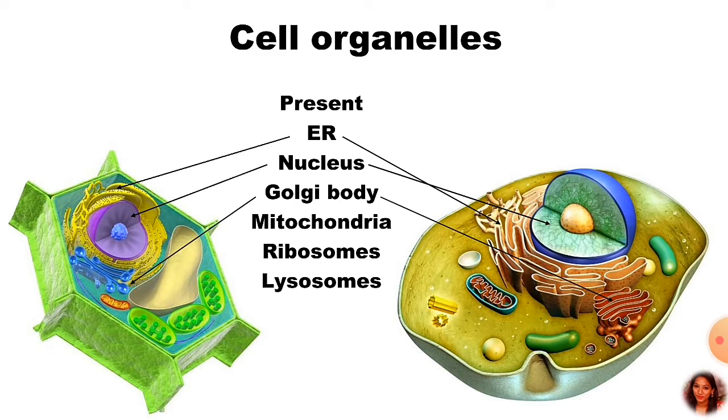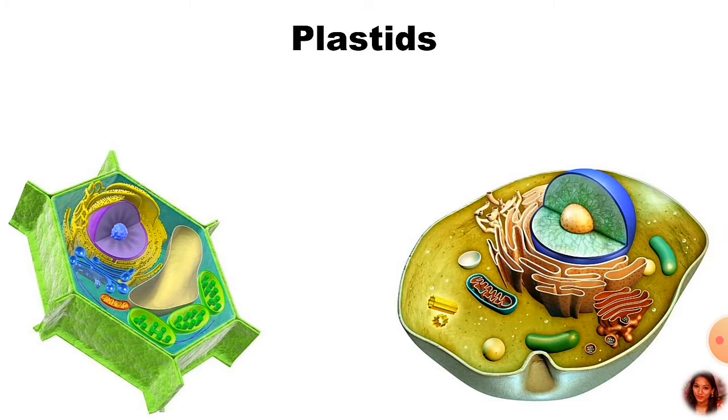The Golgi body is there in both plant and animal cells. Mitochondria are there as the powerhouse to generate energy. Ribosomes are there on the surface of ER, and lysosomes kill the enemy that comes from outside. So majorly all the cell organelles are there in both kinds of cell.